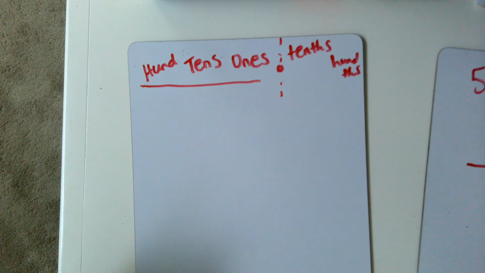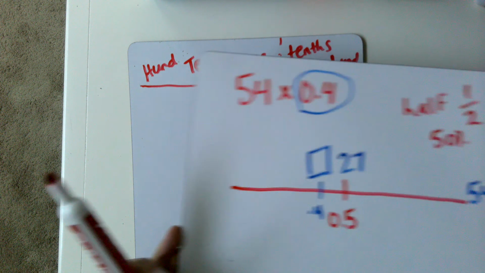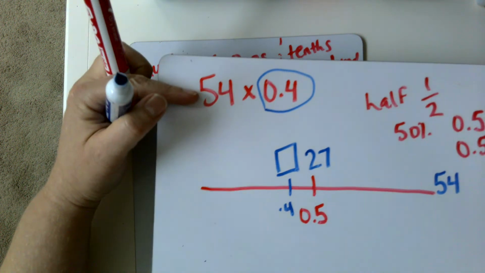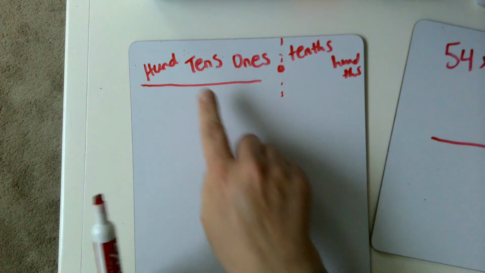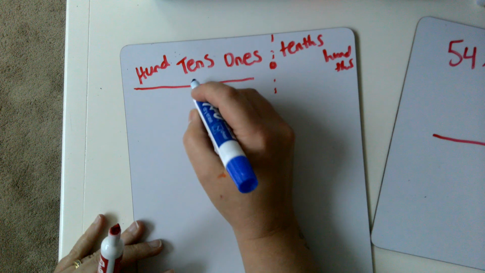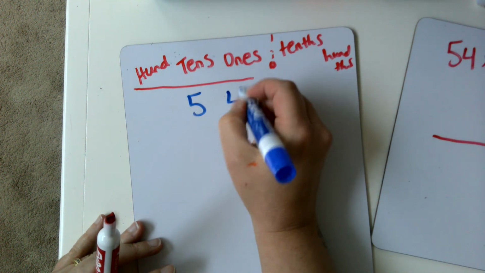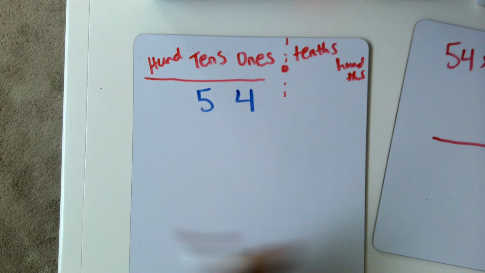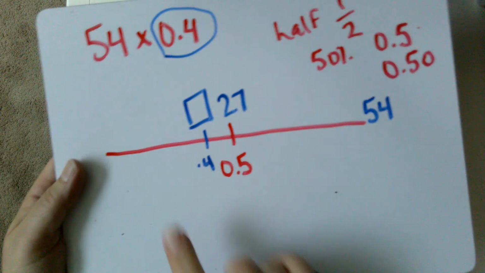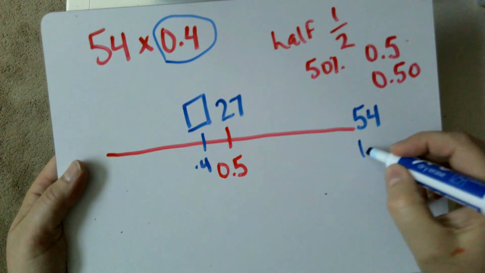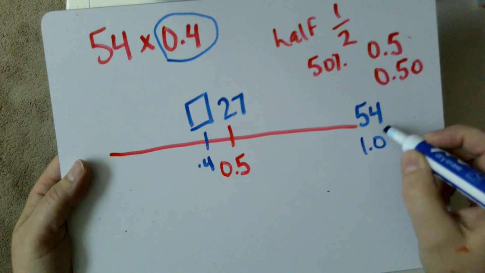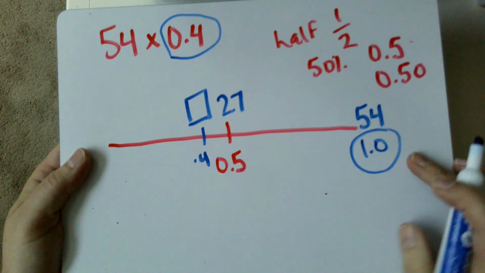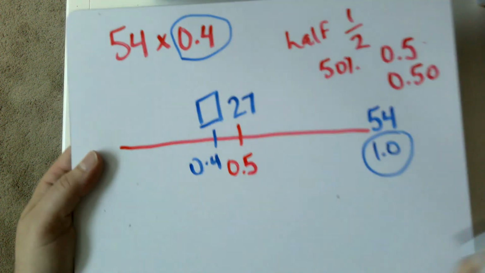So the number 54 is not a decimal number. I'm looking at 54 times 0.4. 54 is a whole number, so it's going to go in our tens and ones. 54. But 0.4 is not quite a whole yet. It's not at 1.0 on our scale yet. It's still 0.4.